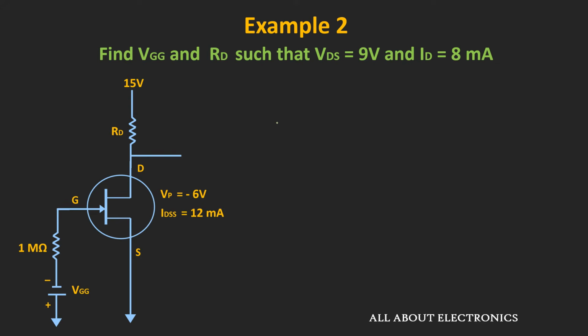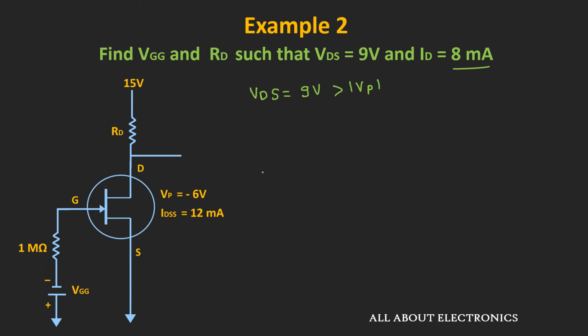So in this example, we have been asked to find the value of this voltage VGG and the value of the resistor RD such that the voltage VDS is equal to 9 volt and the drain current ID for the given circuit is equal to 8 milliampere. Now if you notice over here, the voltage VDS for the given circuit is equal to 9 volt and it is greater than the pinch off voltage VP.